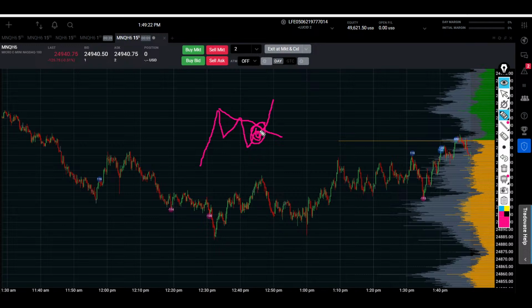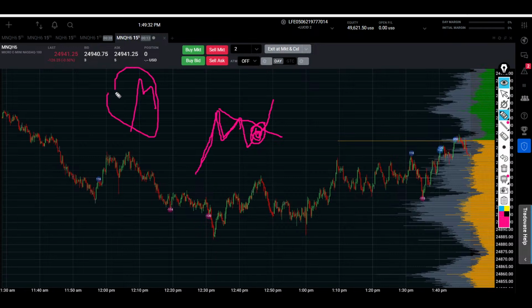So this on its own is the market cycle, impulse and correction. That's a basic market cycle. You will see it every day and on every time frame.